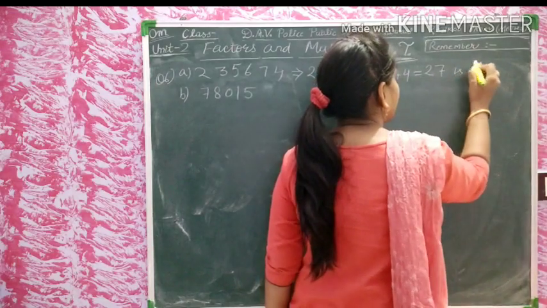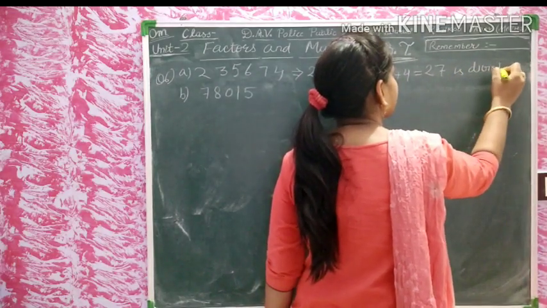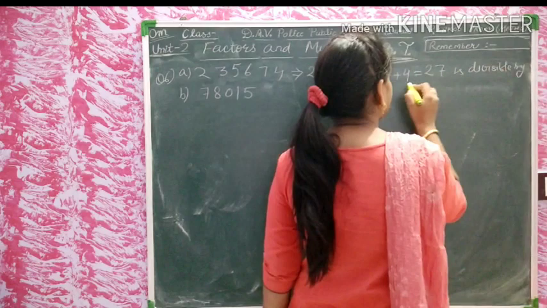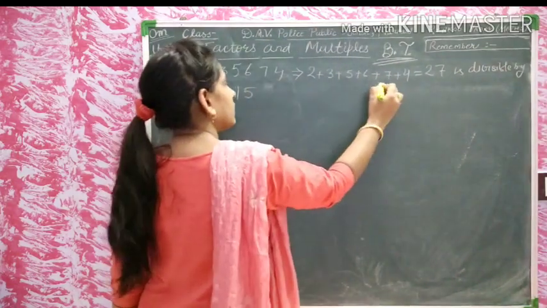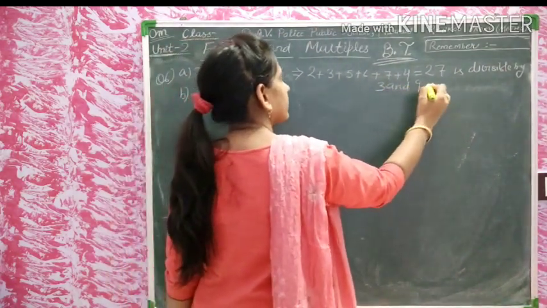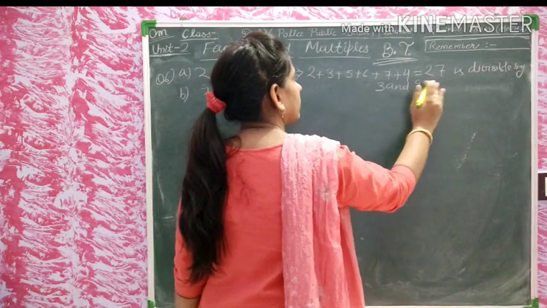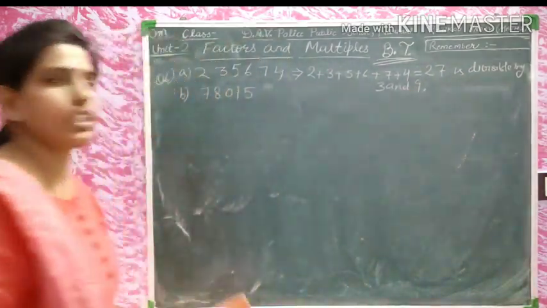And 27 is divisible by 3 and 9 both. So it is divisible by 3 and 9.